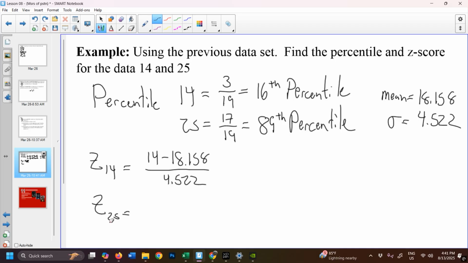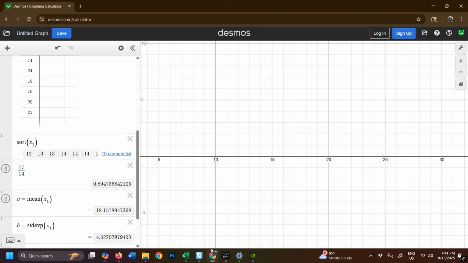And then the z-score for 25 will be 25 minus the 18.158, all over 4.522.